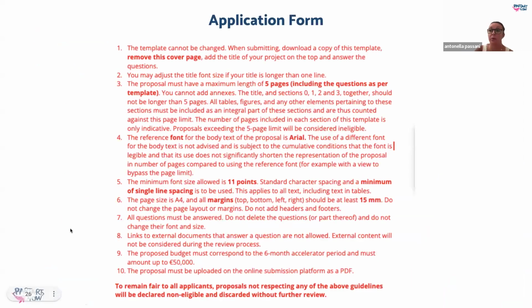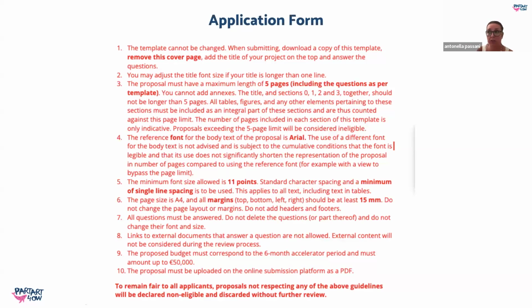In the application form, you will find 10 rules, let's say, instructions about the page limit, which is 5, the font you have to use, the spacing, the formatting, and everything. You have to respect it.